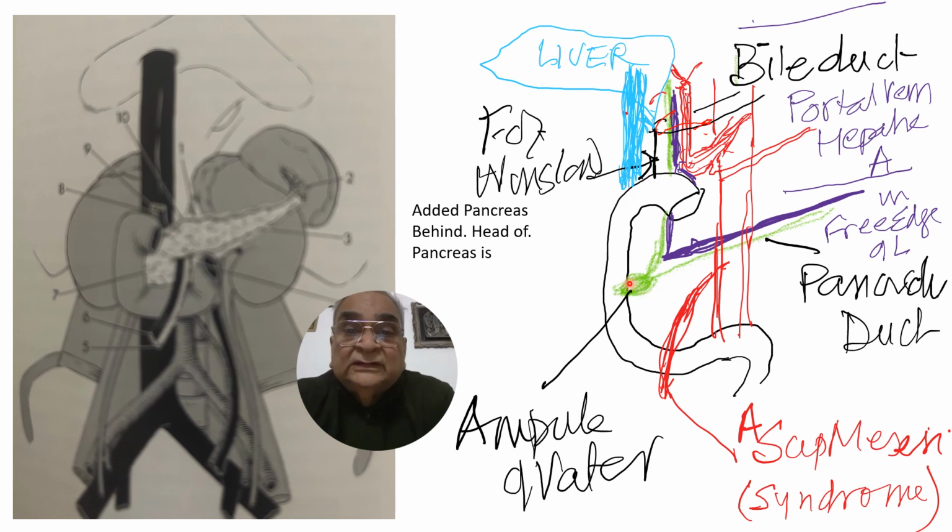So there's an operation in which the opening of the ampulla of Vater is widened and any stone here is taken off, and that you can do endoscopically. Then you go to the third part of the duodenum, which can be pressed by the superior mesenteric artery and vein, and this is called the superior mesenteric artery syndrome. So this is what you have got to remember in this diagram.